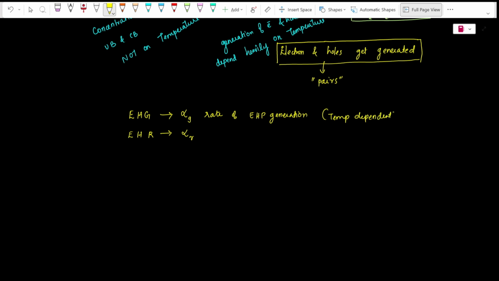And you have alpha R, which is the recombination rate, and it depends only on concentrations.